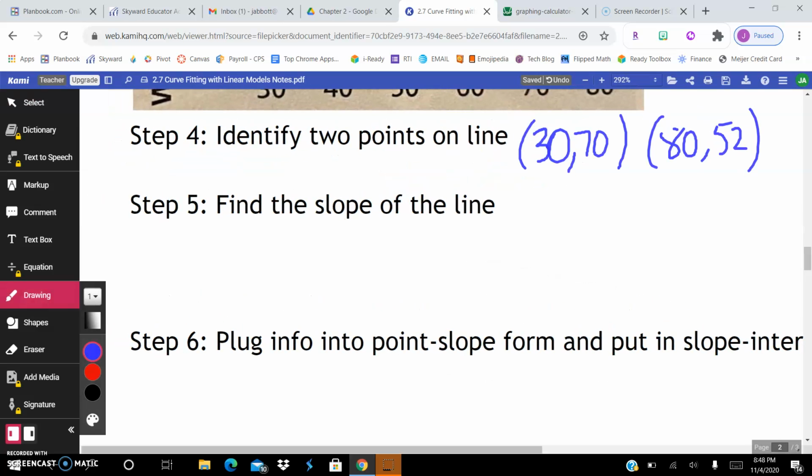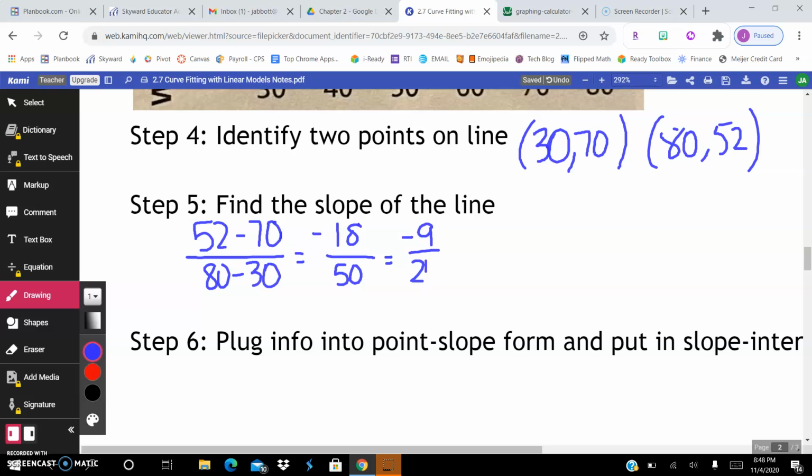So we're going to do y2 minus y1, so 52 minus 70, and x2 minus x1 at the bottom, 80 minus 30. And 52 minus 70 is going to be negative 18, and 80 minus 30 is going to be 50. Those are even, so I'm going to cut them in half. We're going to have negative 9 over 25. So the slope of our line is negative 9/25.